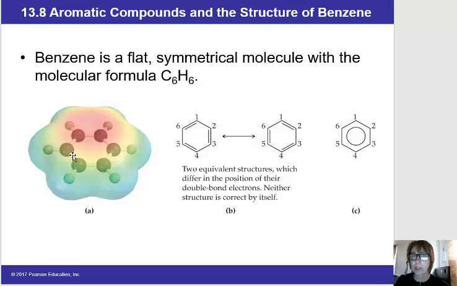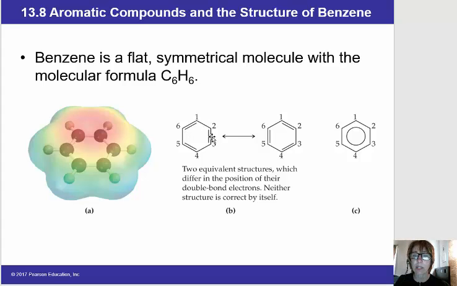Now when we draw the Lewis dot structure from 6 carbons and 6 hydrogens, we have to draw these double bonds. So what do we do with these 6 electrons from these 3 double bonds if there aren't actual double bonds? Well, what we've realized is these 6 electrons that would be in these 3 double bonds in the line structure are not localized between 2 carbons. There's not a double bond between 1 and 6 where these 2 electrons are staying between 1 and 6.